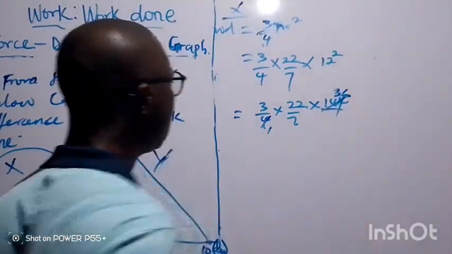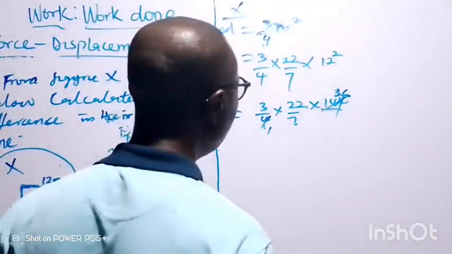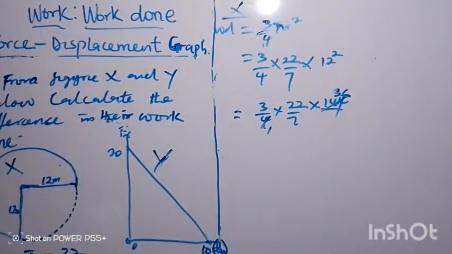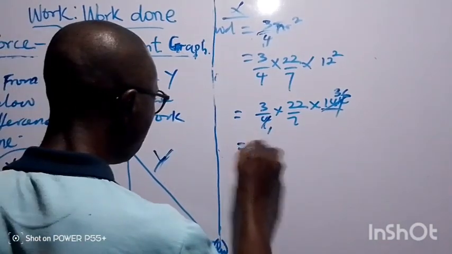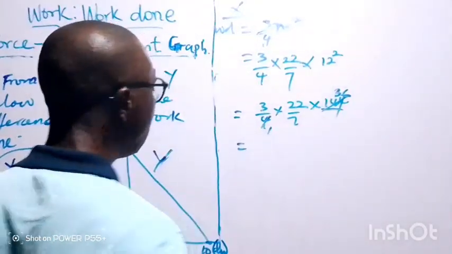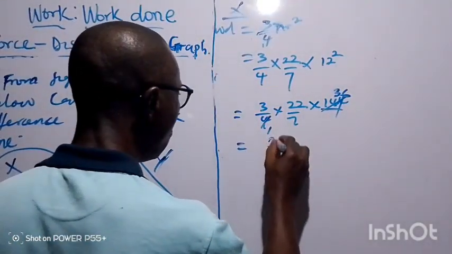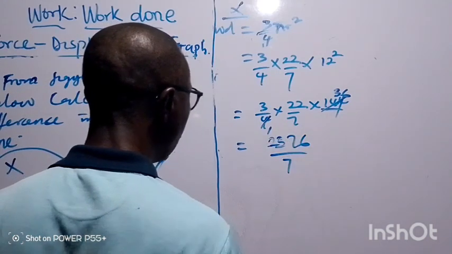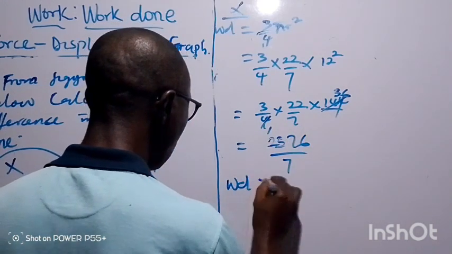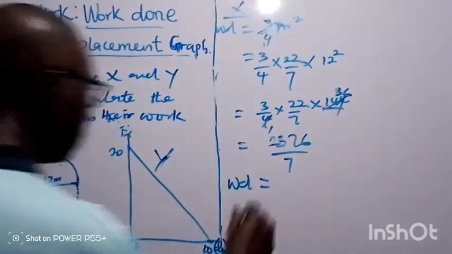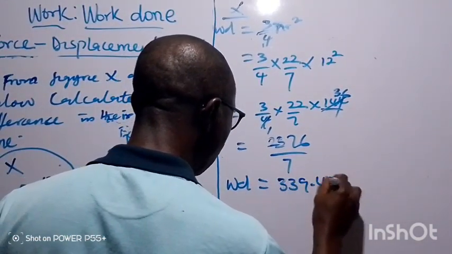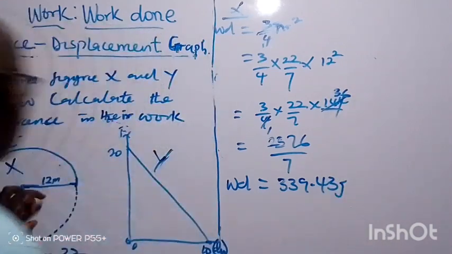So that will be 3 multiplied by 22 multiplied by 36 divided by 7. Now, the numerator will give us 2376, then divided by 7. So work done will be equal to 339.43 joules. That is for figure X.